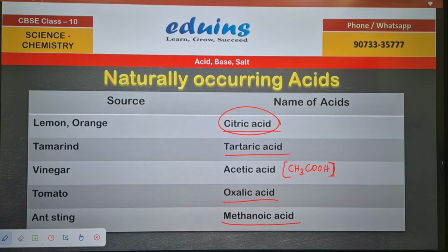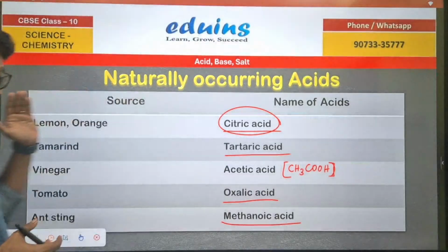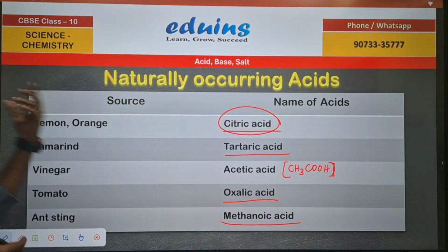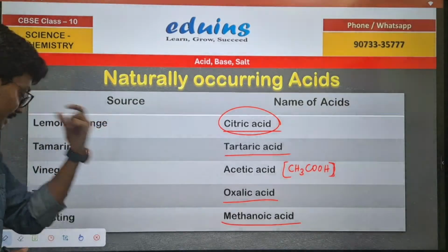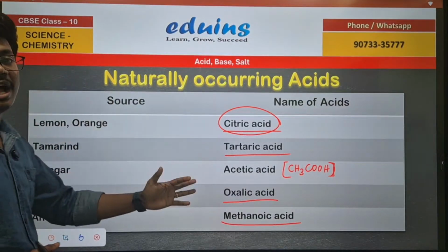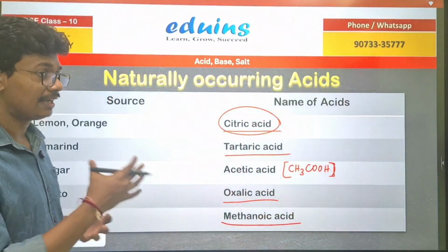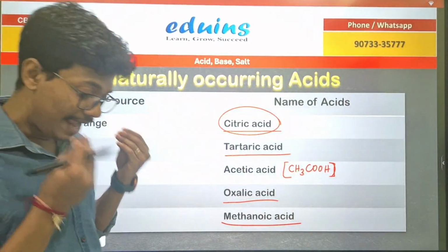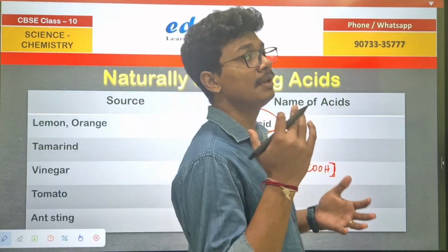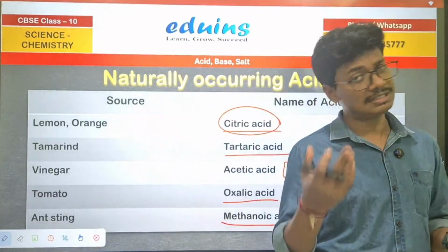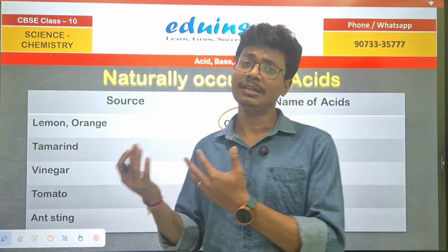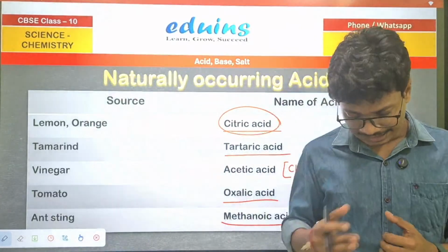Okay, I will repeat again. The lemon or orange contains citric acid, the tamarind contains tartaric acid, the vinegar contains acetic acid, tomato contains oxalic acid, and sting contains methanoic acid. These are the common acids found in nature, naturally produced acids. HCl, H2SO4 and HNO3, that is hydrochloric acid, sulfuric acid and nitric acid, are synthetic acids.